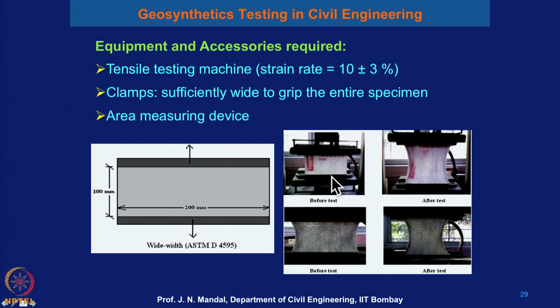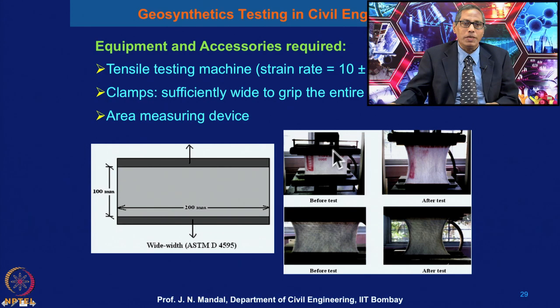And we have performed the test in a universal testing machine. Here is a clamp, so it should not slip, it should properly grip, and before the test the sample has been loaded.